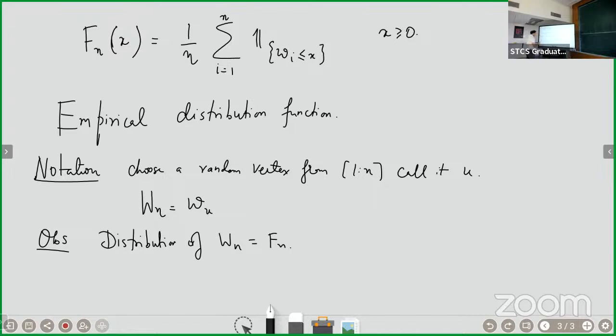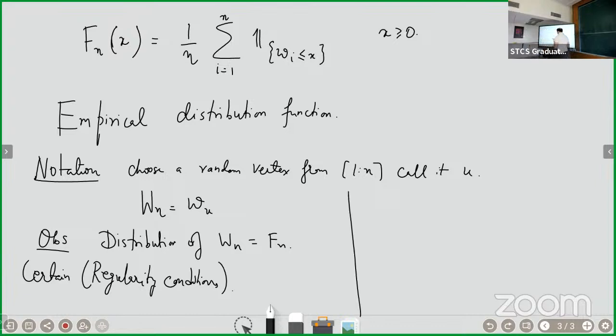So certain conditions are needed for proceeding further. It's called the regularity conditions. There exists F, which is a distribution function.